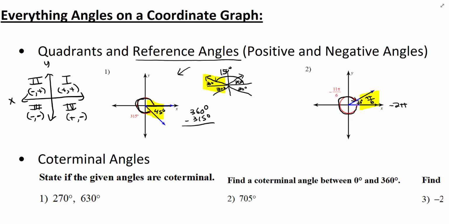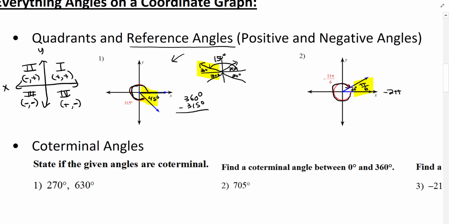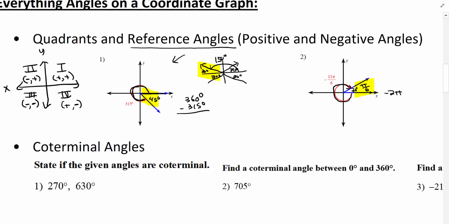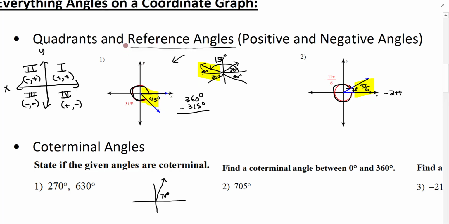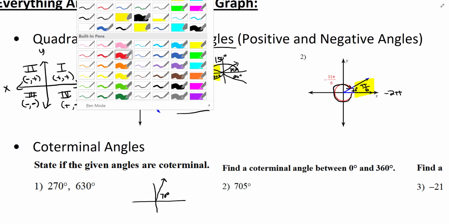All right, so speaking of radians and degrees, well, let's talk about coterminals first, then we'll talk about converting. Coterminal angles are angles that sit right on top of each other. So if I draw, say, this angle right here, and let's call that a 70-degree angle, well, whoops, I don't want to make it that big.